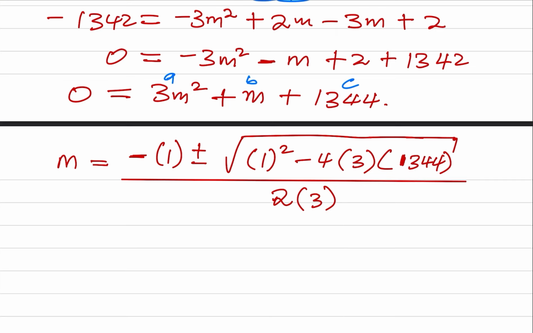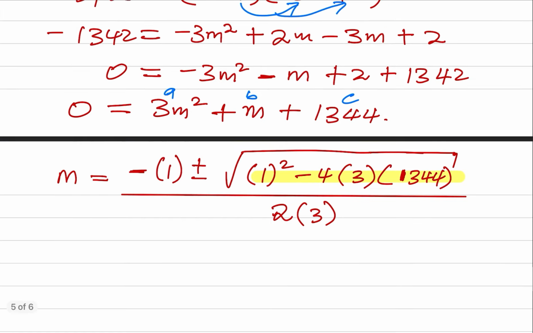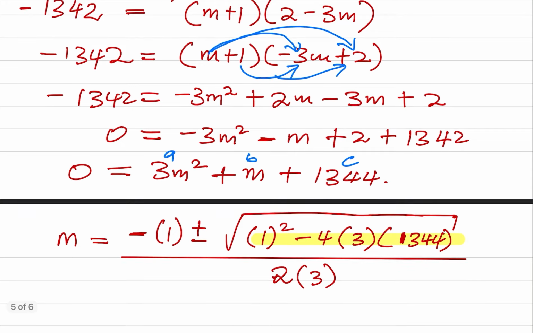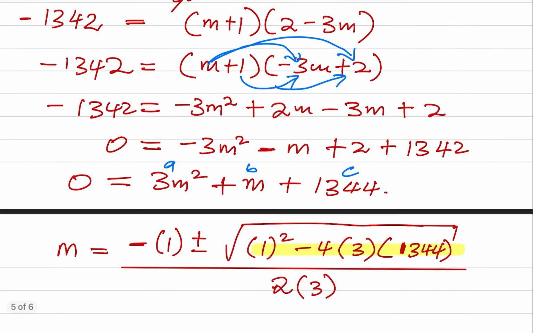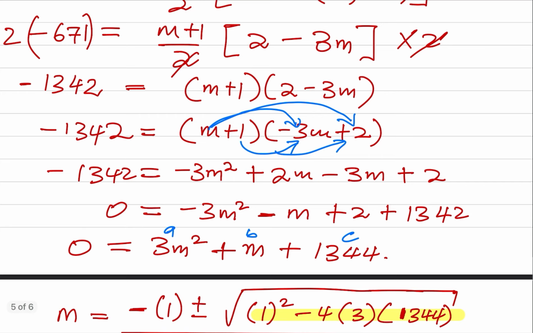I think I see our hiccup. Here, it clearly shows that our discriminant will be negative. Now let us see where we went wrong. Let us check our solution, because if the discriminant is negative, then we will get a non-real solution here. Now let us check.